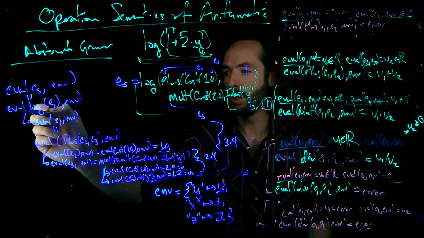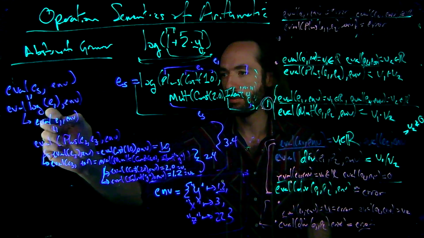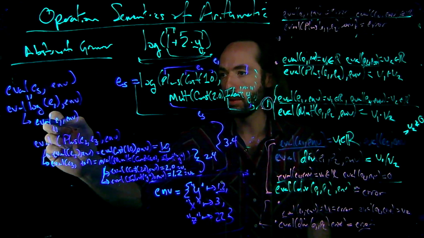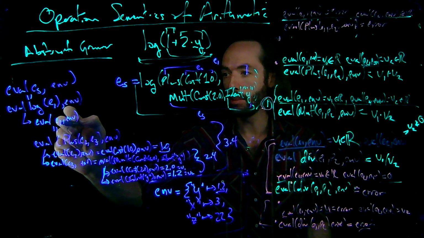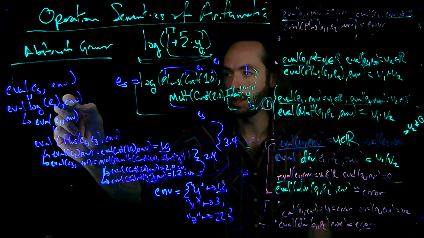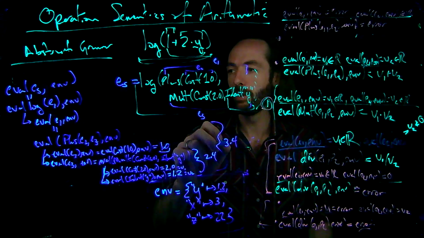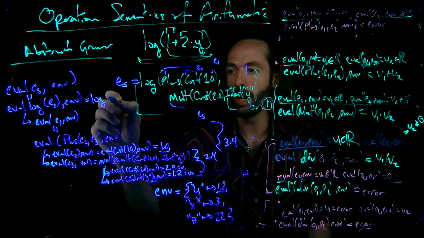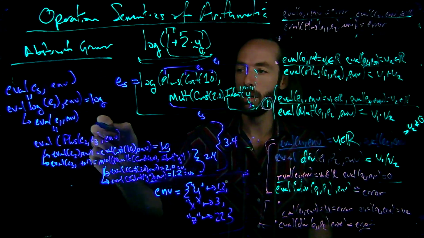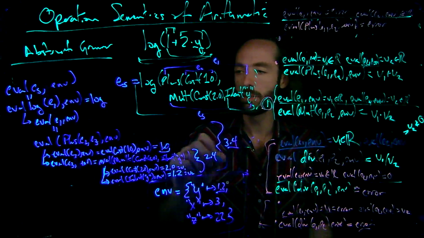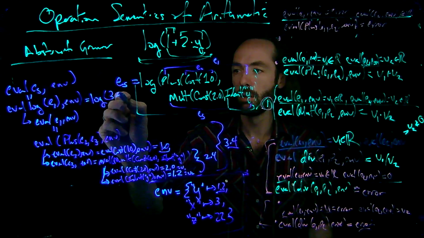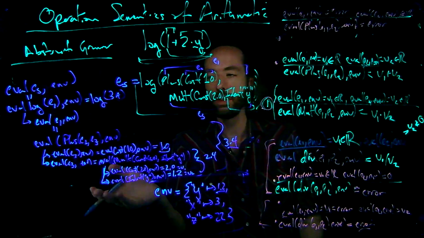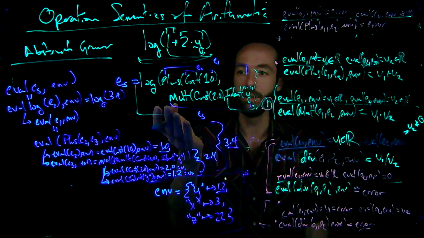And then we go up to our log rule here. So we just figured out what the top of our log rule is. The big step is going to be evaluating whatever's on the inside. And now we apply log to whatever value E1 evaluated to, which is 3.4. And that's how our evaluator works on something small like this.